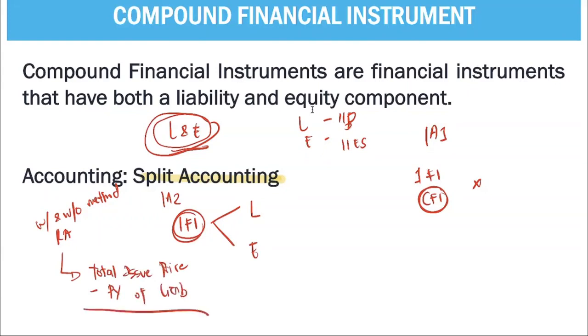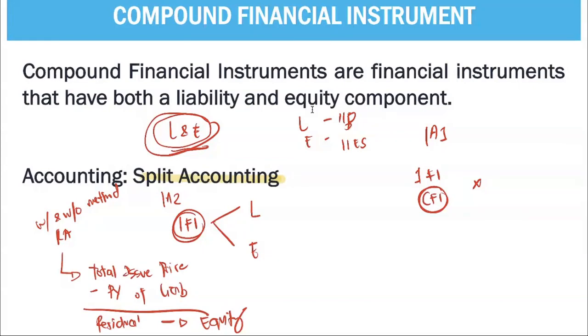That's why it's called residual approach. Any residual is given to your equity portion. So again, in the accounting of your compound financial instrument, we get out of your total issue price the fair value or the present value of the liability, and whatever is the residual is for your equity.